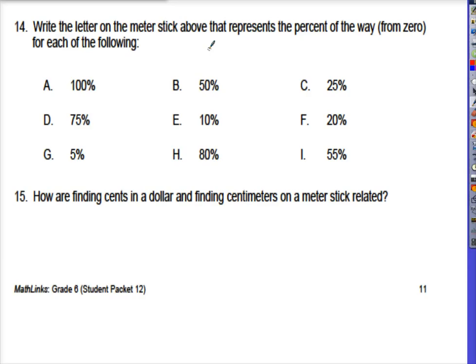You might want to use that as a benchmark. And then you've got another benchmark here with 25%, and you've got another benchmark here with 75%. So you might want to use those to help you place the rest of these in. Okay? So pause 8 minutes, and then we'll wrap this up at the end.